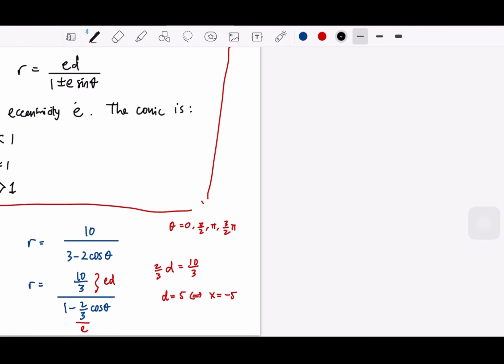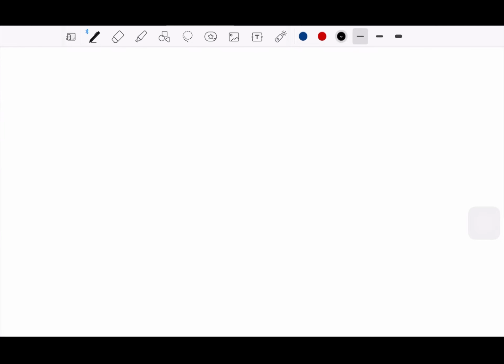Okay, now another example: if we have r is 12 over 2 plus 4 sine theta. Maybe you would like to try first.